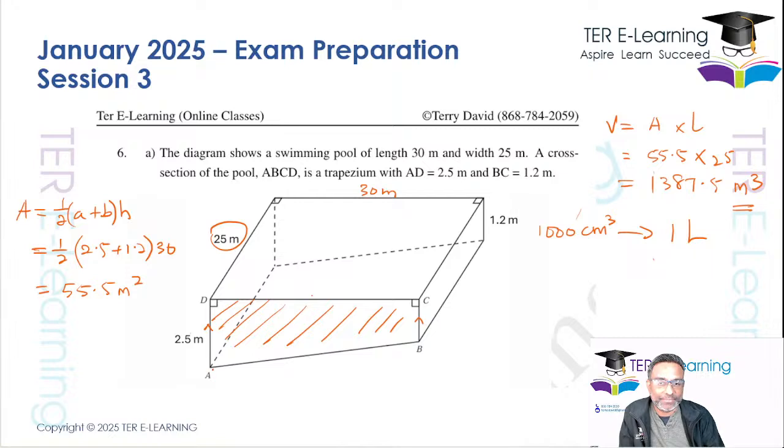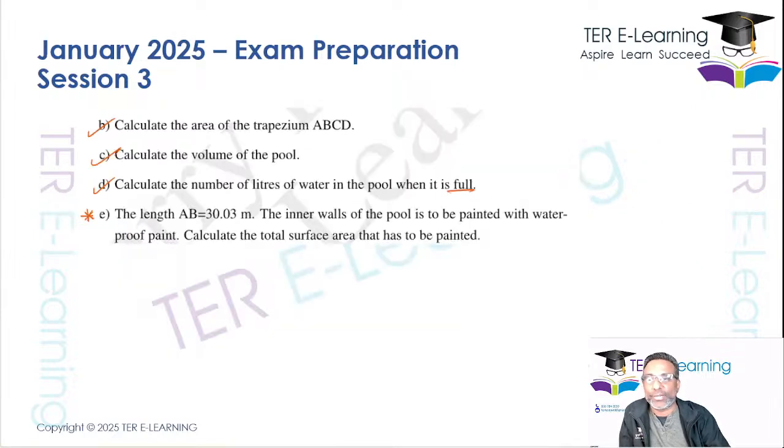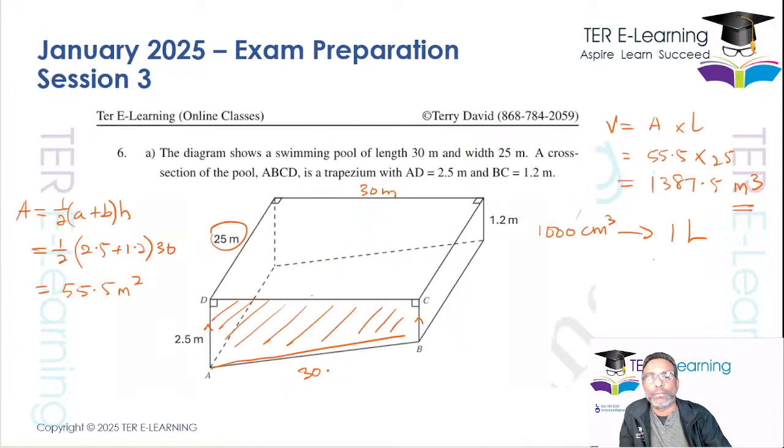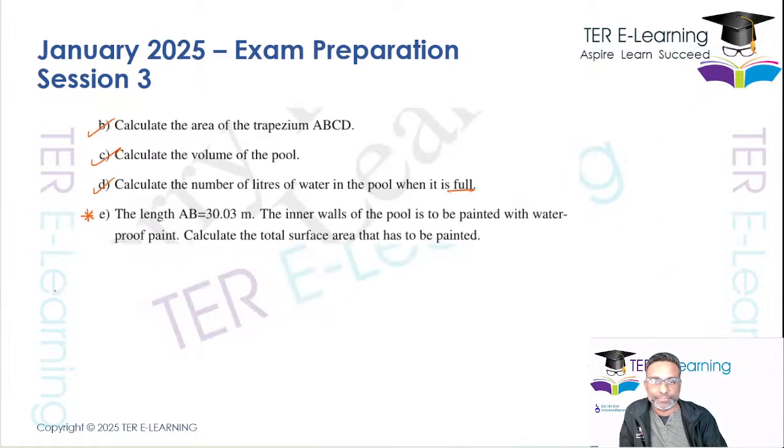That's this length here. Now the inner walls of the pool are to be painted with waterproof paint. Calculate the total surface area that has to be painted.